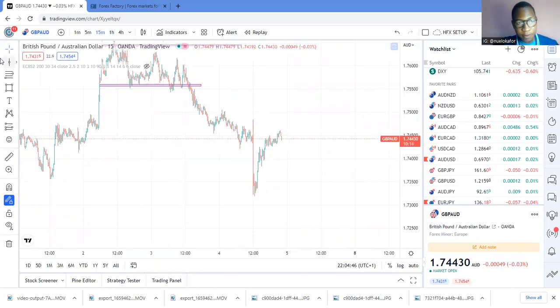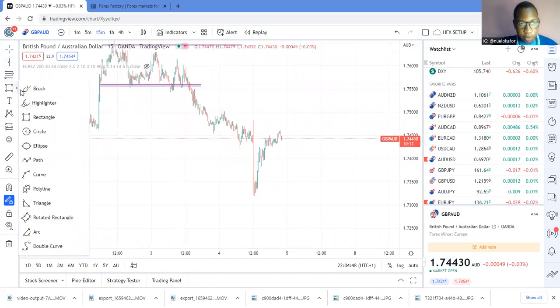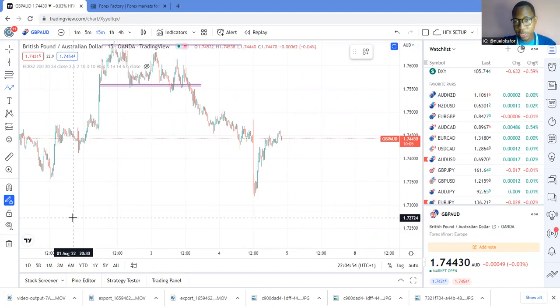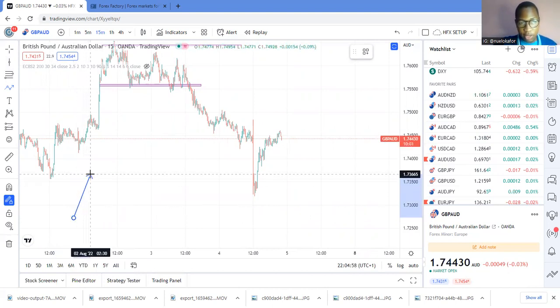For example, let me pick something here. Yeah. This is typically how price would move. If price is moving in the upwards direction, price would go something like this, right? Go up a bit, make what we call a high. I'll make another video explaining further on highs and lows.